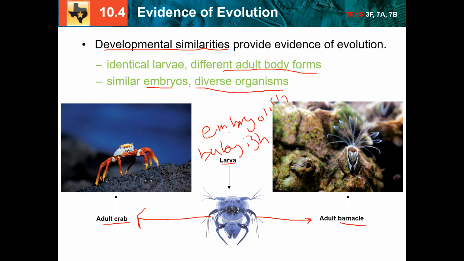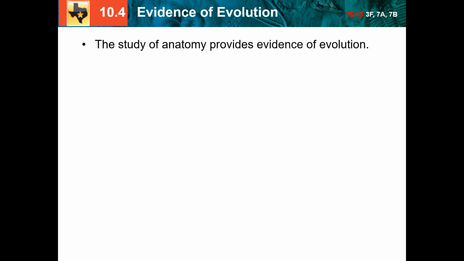The argument goes that all these embryos look so similar at the younger stages, and then as they progress in time, as they get closer to gestation or the mother having the baby, that's when that older form starts to differentiate into the different life forms.